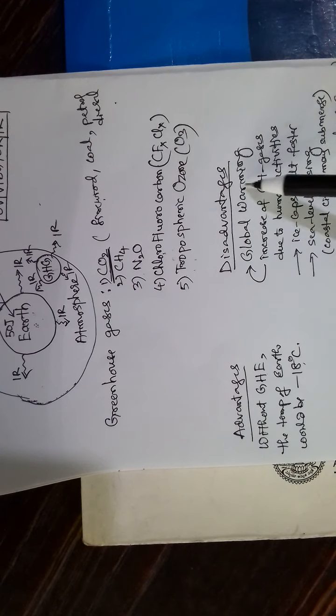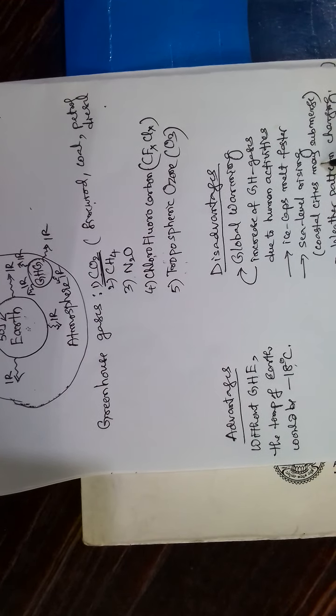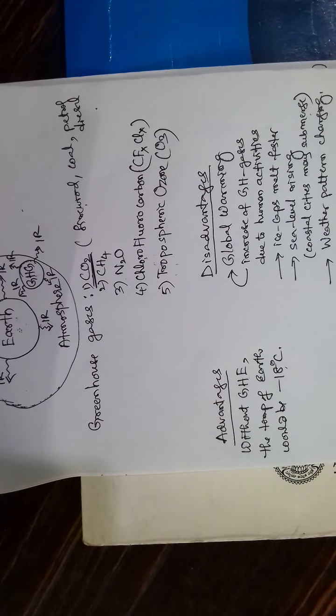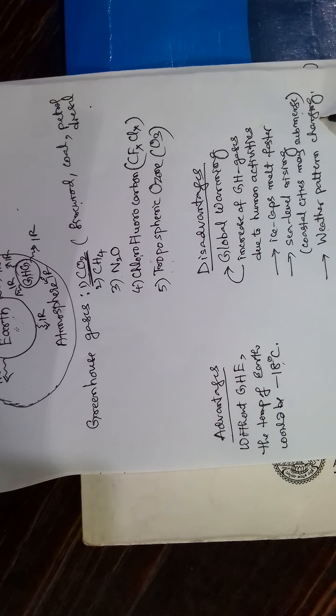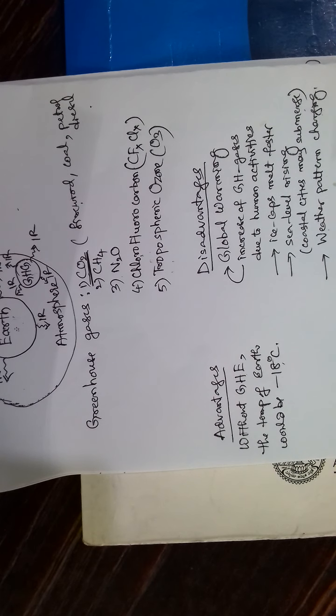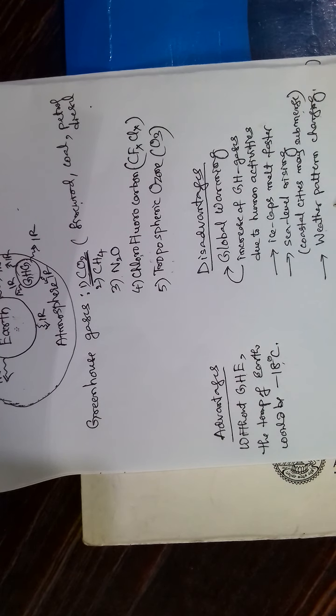By global warming, ice caps are melting faster, so the sea level is rising faster. And if sea level rises more, coastal cities may submerge, and weather patterns are also changing because of global warming. So these are the disadvantages.